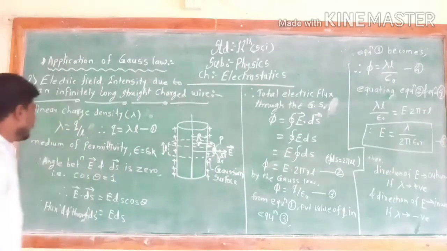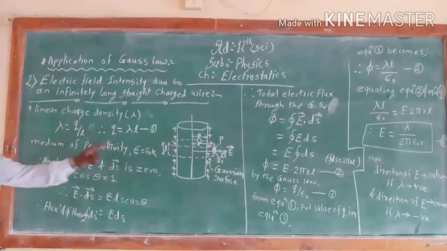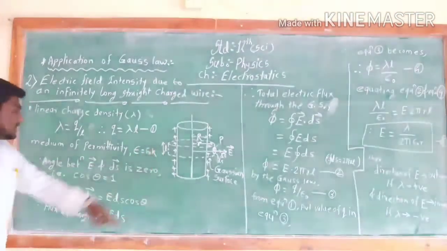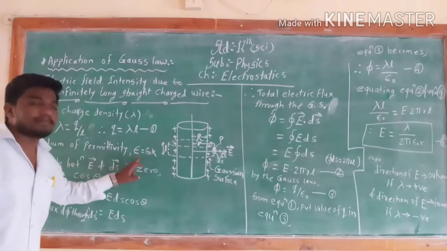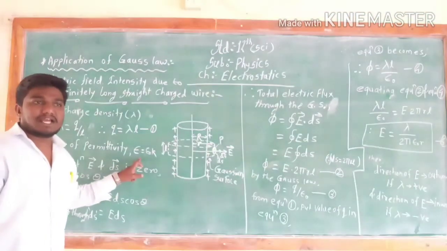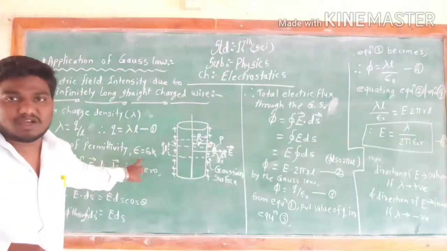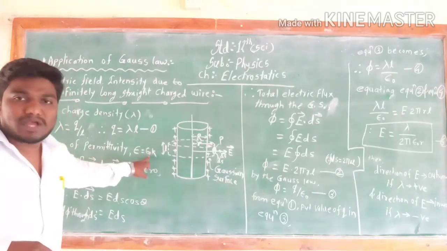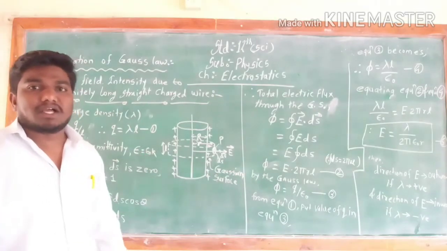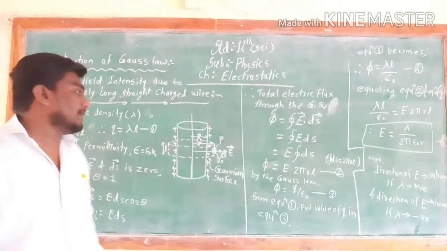We know that this wire is kept in a medium of permittivity epsilon, and its value is epsilon equal to epsilon naught k.